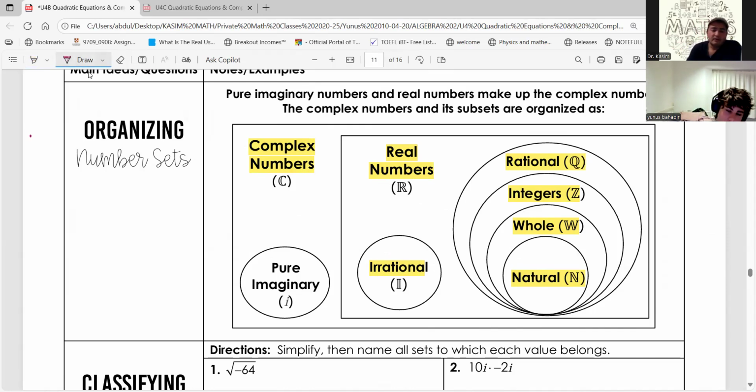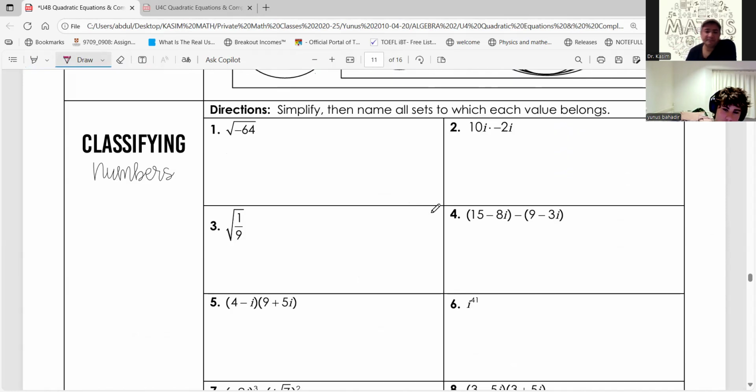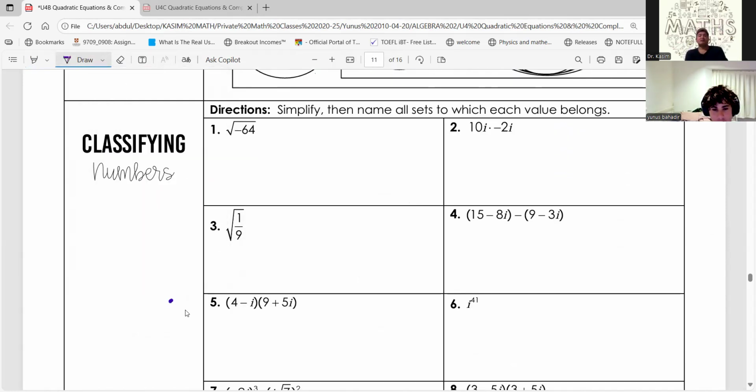Okay. All right. It's just to sharpen your knowledge. Read the directions. Name all sets to which each value belongs. First, simplify this.